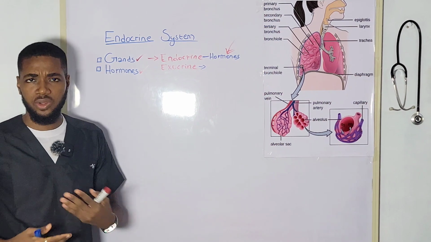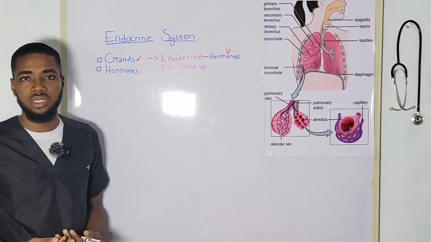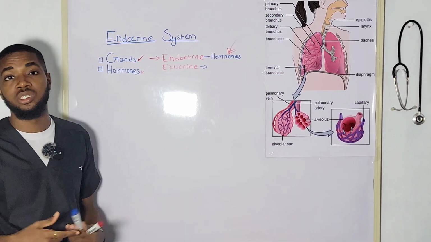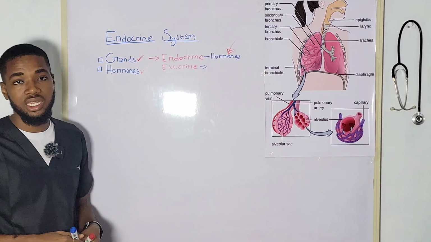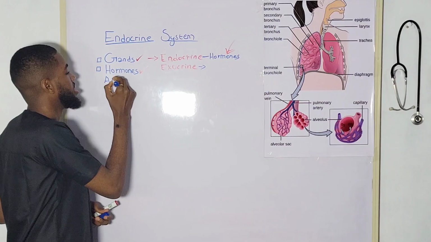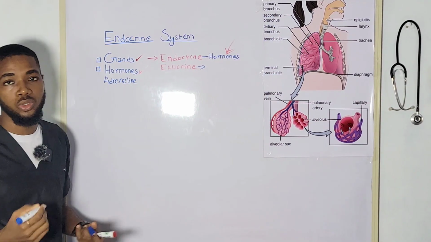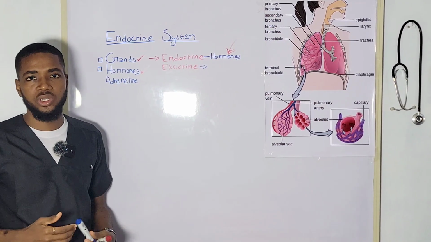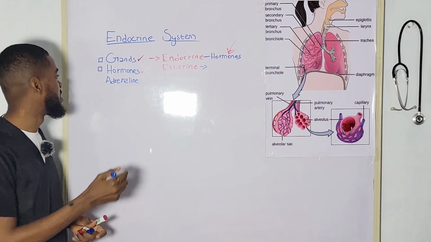One such hormone is insulin, which your body releases to control your sugar level. Another could be adrenaline. Adrenaline is another type of hormone that your body releases to prepare you for situations that require fight or flight. Yeah, you get the point.